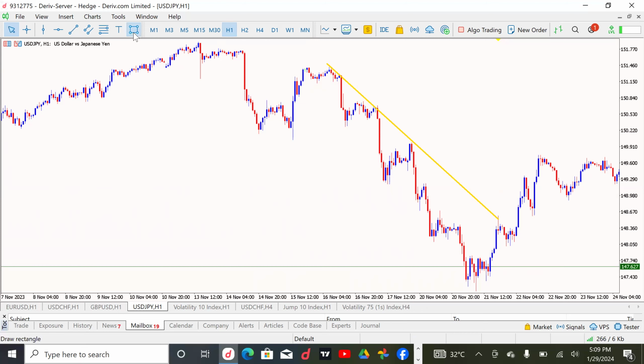So again, this is what happened right here. You can see what price was doing. Remember, I've taught you how to do this. I know somebody will be saying it's not possible to do this in MT5, but I've taught it in my previous video, so I don't want to waste much time on this.